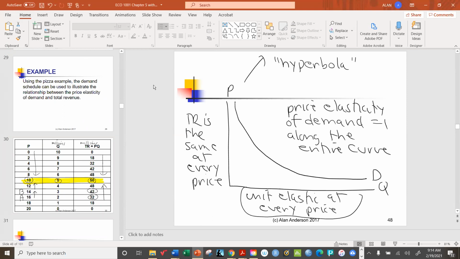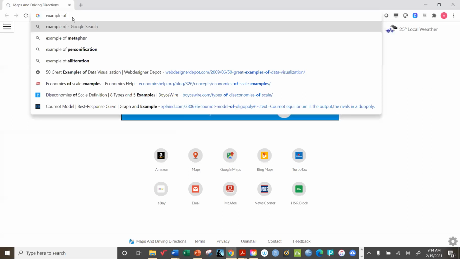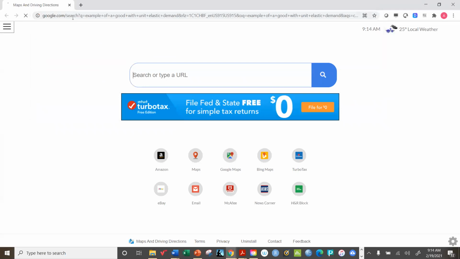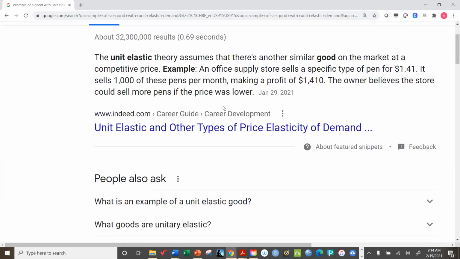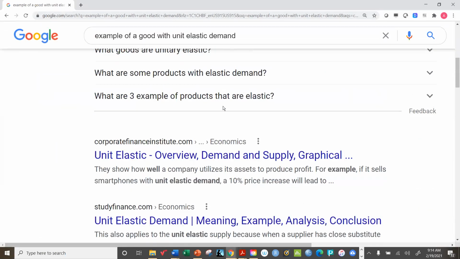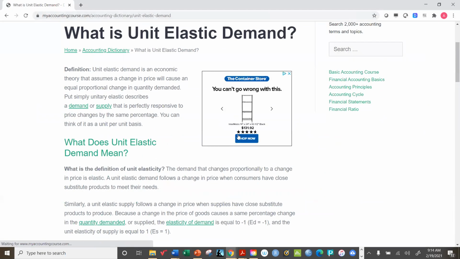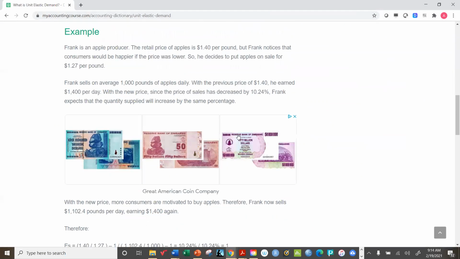What kind of good, that's a very good question. You know what, let's see if we can find that on the internet. I can't think of any examples off the top of my head. Let's try that. Yeah, I don't know if we're going to find one. They're making up examples.